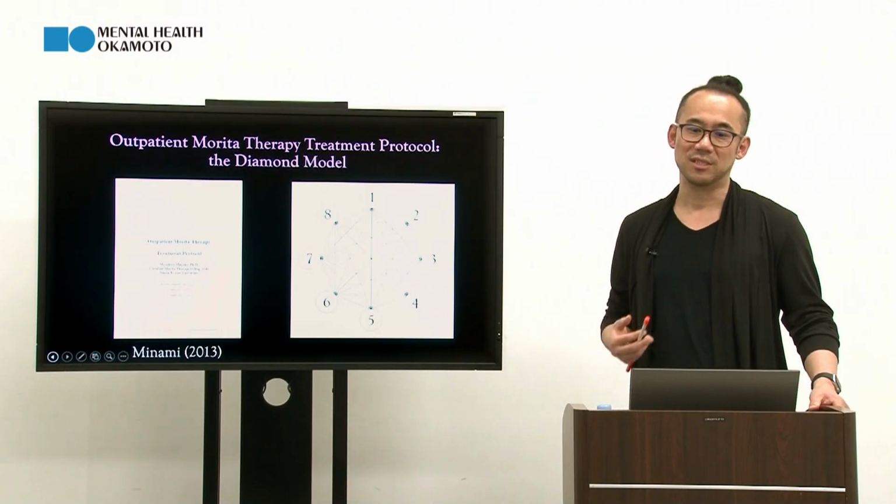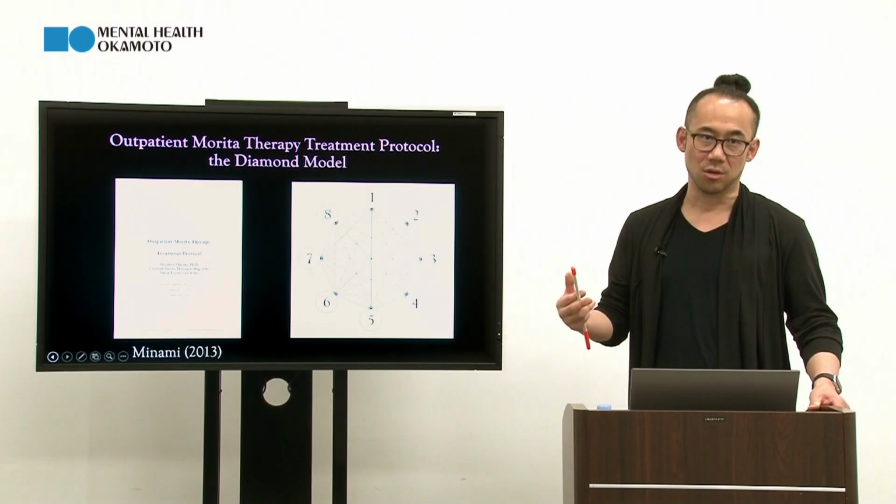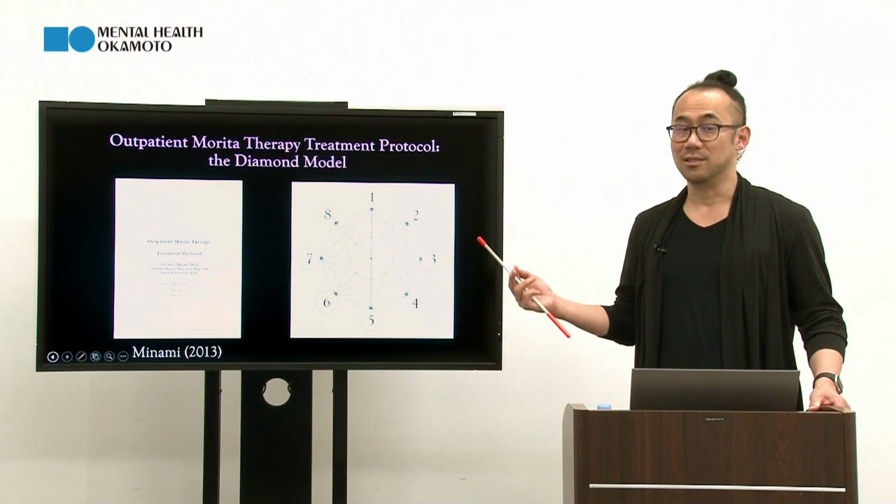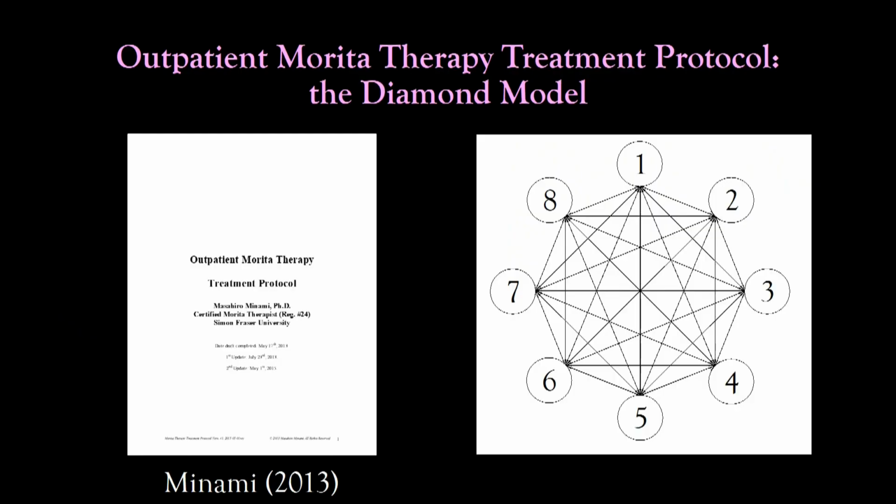It is a model designed to respond to the flow of clients and patients, therefore the diamond shape. It is not linearly designed, so this diamond algorithm will follow and respond to the client's movement in a flexible manner. Anyway, this protocol is available and used for clinical trial purposes.